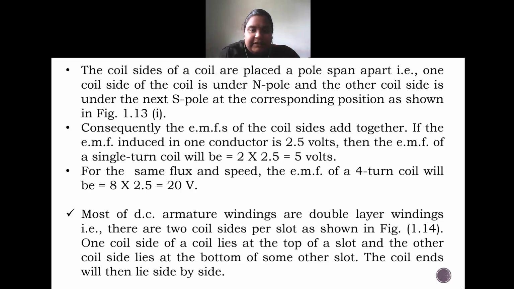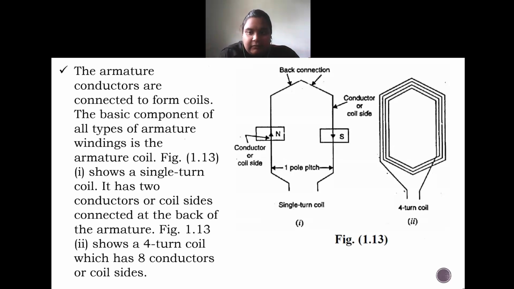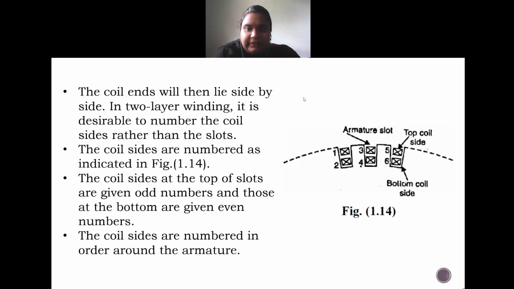Why we are doing this, I'll just show you how the connection will be. If we are saying top and bottom, that means 1 and 4 will be one pair, and similarly 3 and 6 will be one pair.